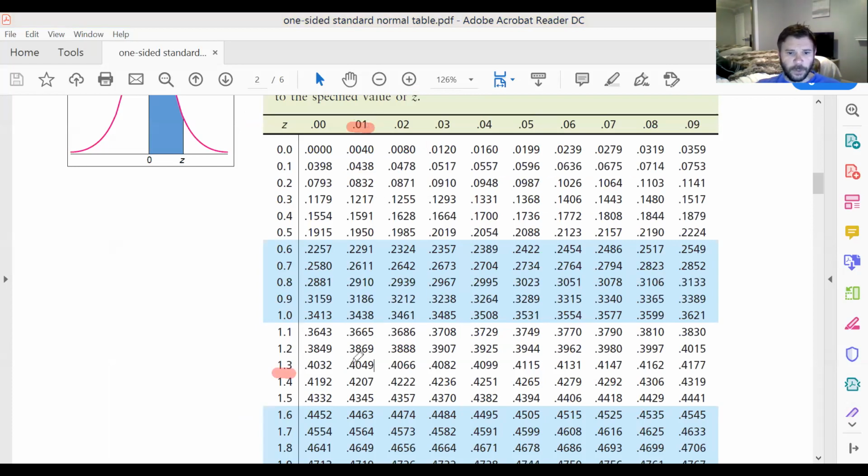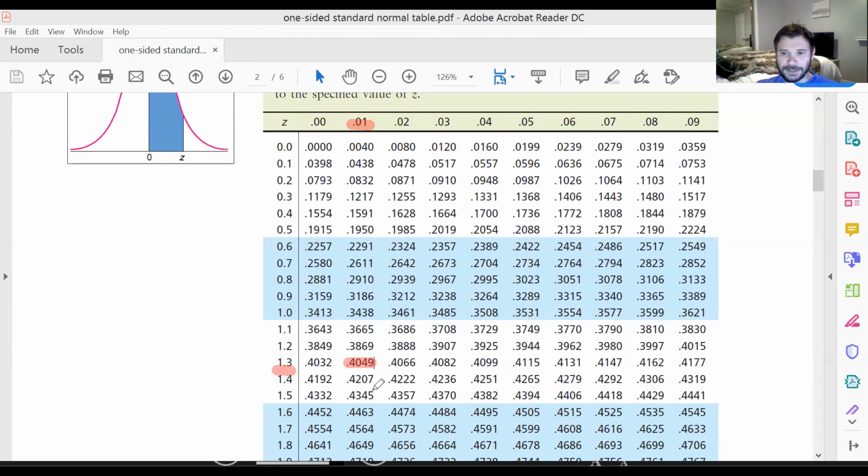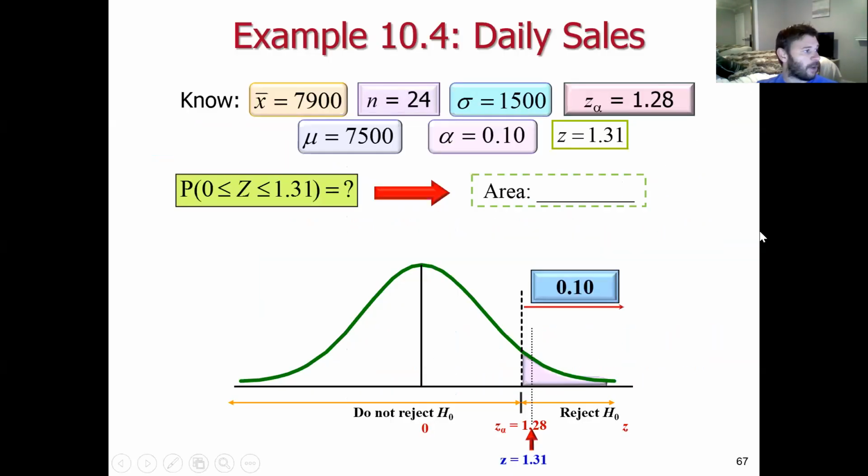That's 1.31. And you'll note that the probability there between 0 and the z value of 1.31 is 0.4049. So let's jump back to our problem. We now know the area in between 0 and 1.31.